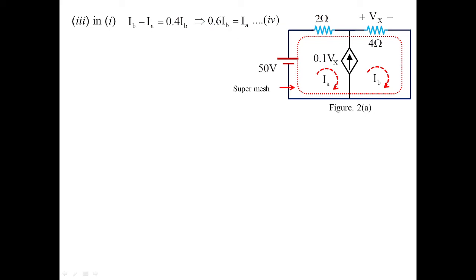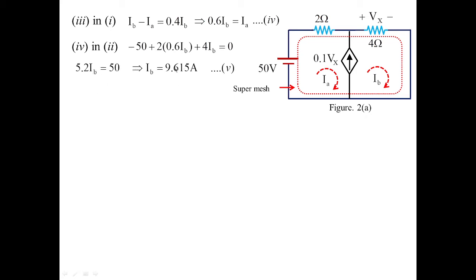We have obtained 0.6IB is equal to IA. Once we obtain IA, we substitute this in the second equation, the supermesh equation. So minus 50 plus 2 of 0.6IB plus 4IB is equal to 0.